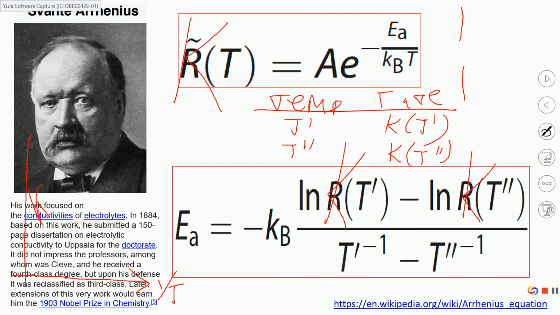And typically, your points will look like a curve going this way. And depending on the slope between the logarithm of rate and inverse temperature, it will be a different activation energy.